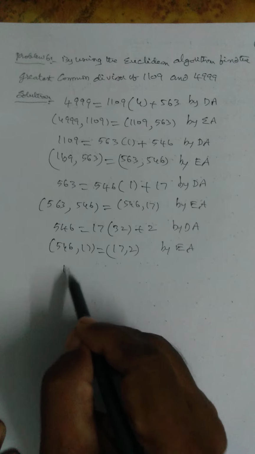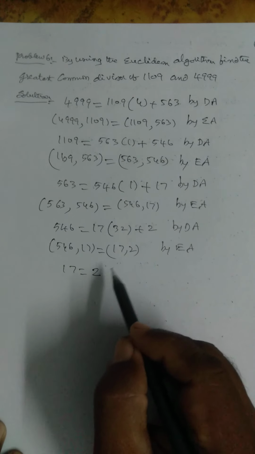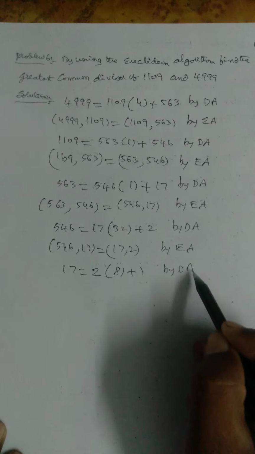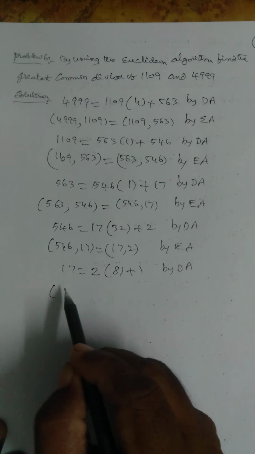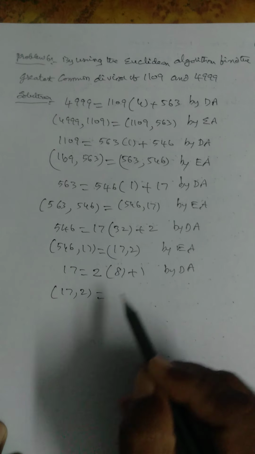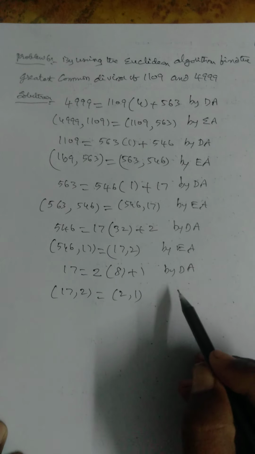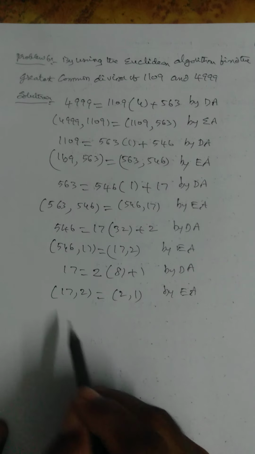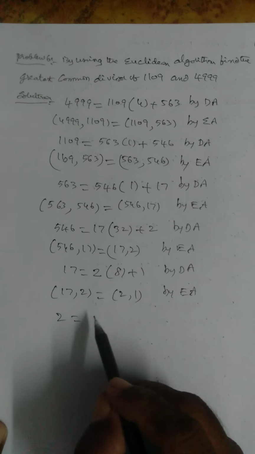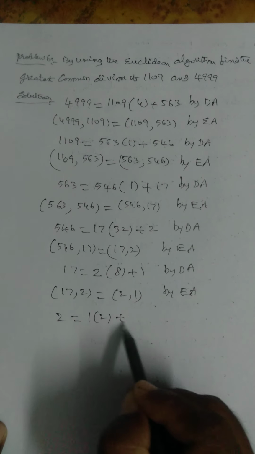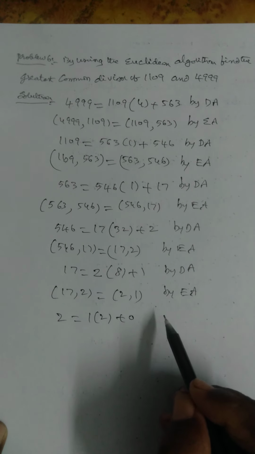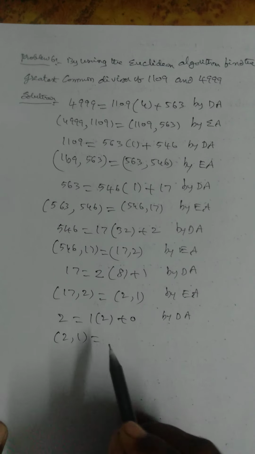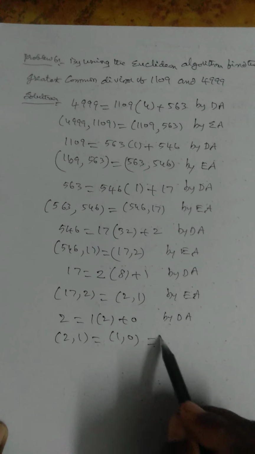Now you write 17 is equal to 2 into 8 times plus 1. GCD of 17 comma 2 is nothing but 2 comma 1. Now you write 2 is equal to 1 into 2 plus 0 by division algorithm. GCD of 2, 1 is equal to 1, 0, which is equal to 1.